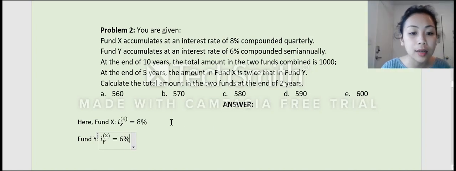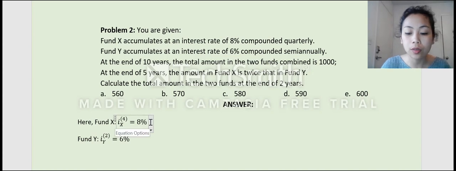The question said that at the end of 10 years, the total amount in the two funds combined is 1,000. So first look at the money that fund X accumulates after 10 years.